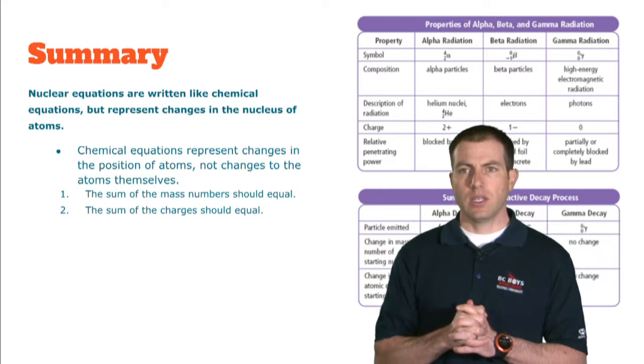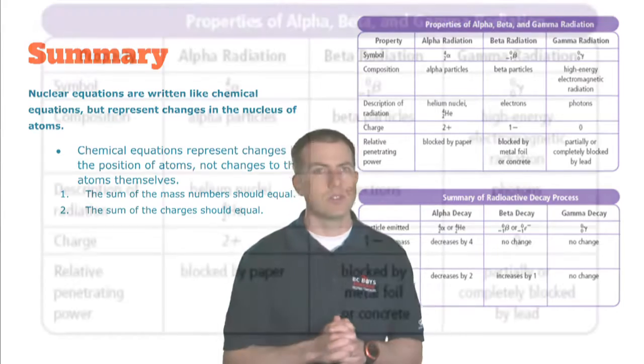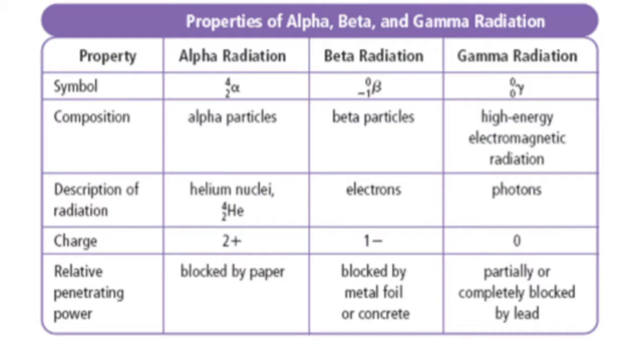So these are the three different types. Remember, alpha is just a helium nucleus, 2 protons, so it has a charge of +2. Beta is a high energy electron, has a charge of -1 because electrons have a charge of -1. And then gamma is just rays of energy, electromagnetic radiation.